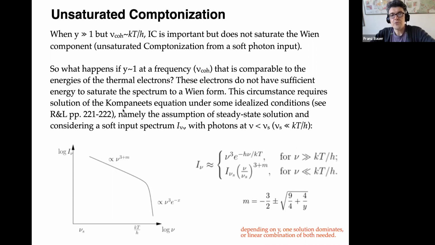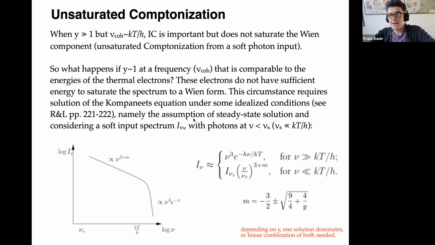And so Rybicki and Lightman do this for an idealized situation, which is this. Generally speaking, for frequencies much greater than kT, you have the exponential fall off. For frequencies less than kT, you get a modified spectrum, where the modification takes the form of a power law.